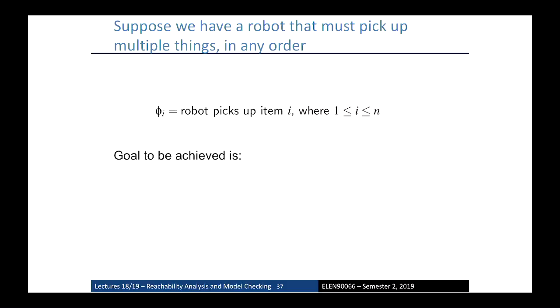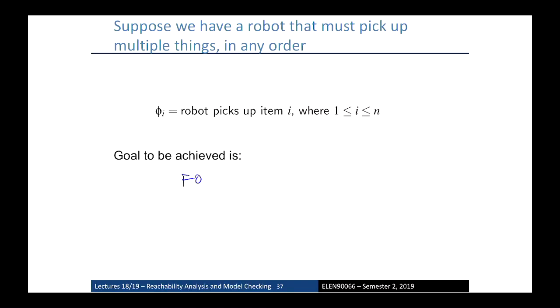Right, the robot picks up item I, and it has to pick up phi 1, phi 2, phi 3, phi 4. So we can write that using, oh no, F. F is the bad one. F is like a liveliness property, right? Eventually, that's the hard one to do.